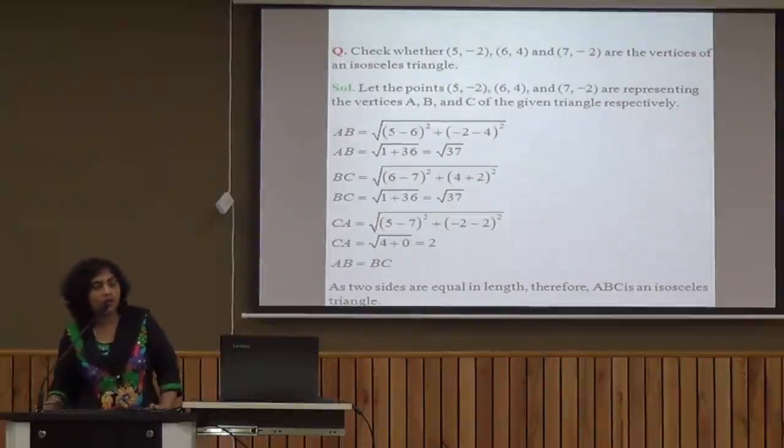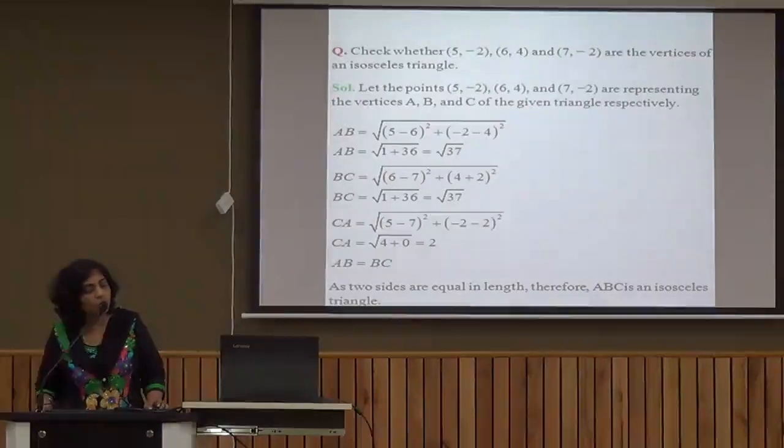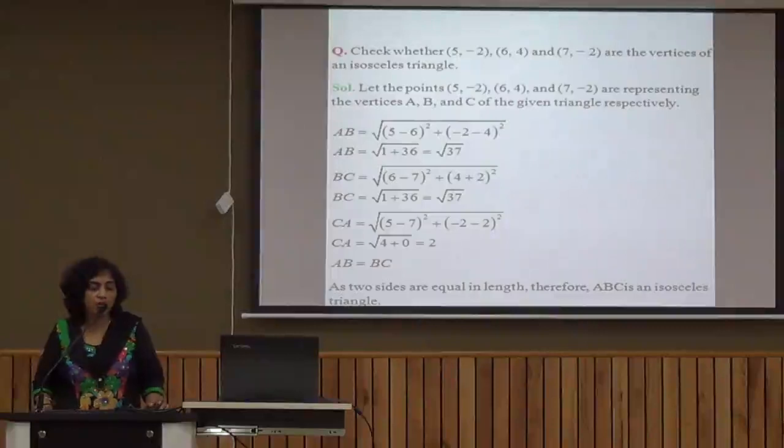When we calculate AB, we get under root of (5 minus 6) whole square plus (minus 2 minus 4) whole square, which is square root 37. BC is (6 minus 7) whole square plus (4 plus 2) whole square, again under root 37, and AC is (5 minus 7) whole square plus (minus 2 minus minus 2) whole square, under root of 4, which is 2.